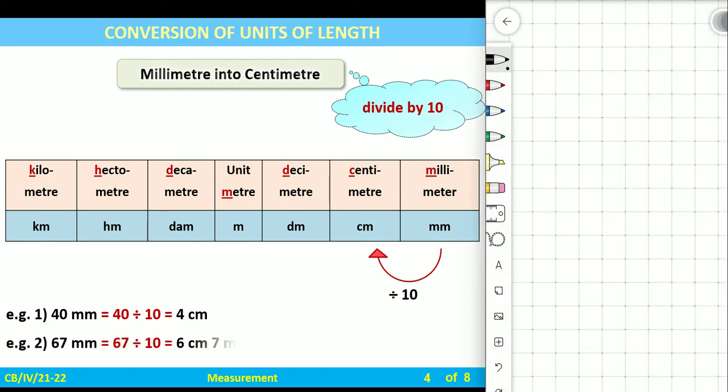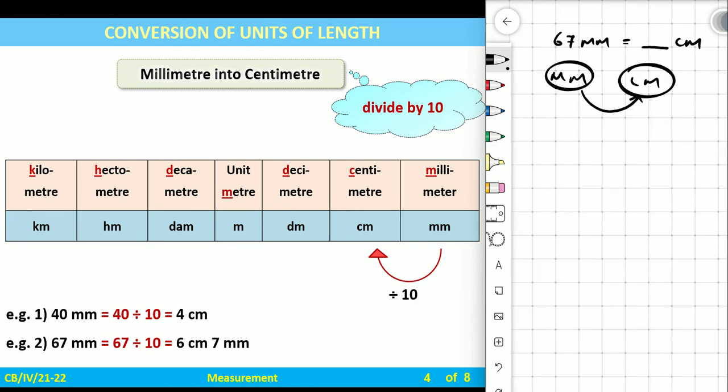67 millimeter. We have to convert millimeter to centimeter. This is our question. So for converting millimeter to centimeter, this is the smaller unit, this is the bigger unit, so we want to divide. The formula says 10 millimeter is equal to 1 centimeter.